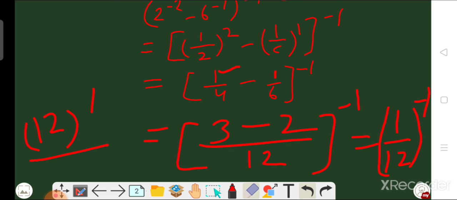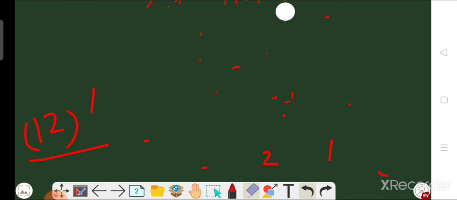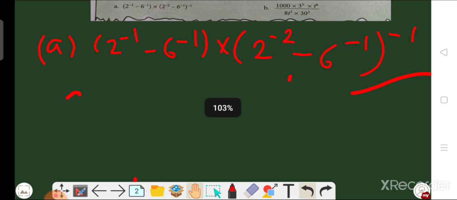Now from here what can we say? Our one part is equal to 1 by 3 and another part is equal to 12. We have both results.